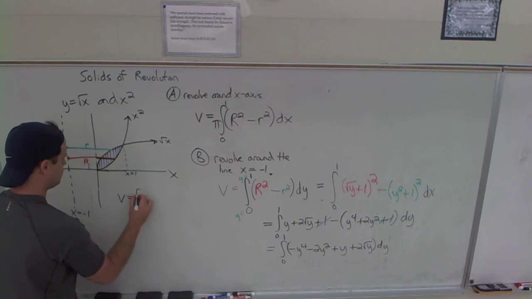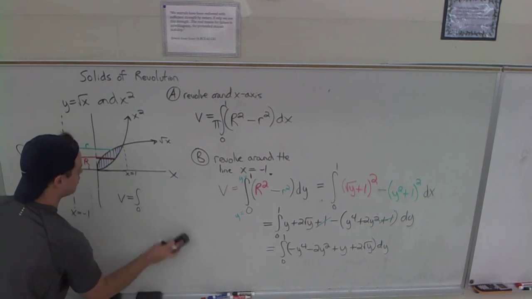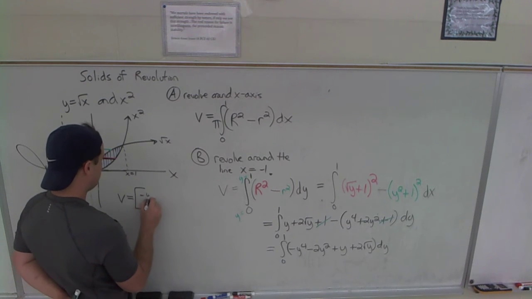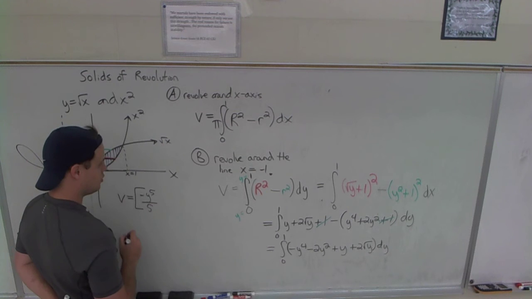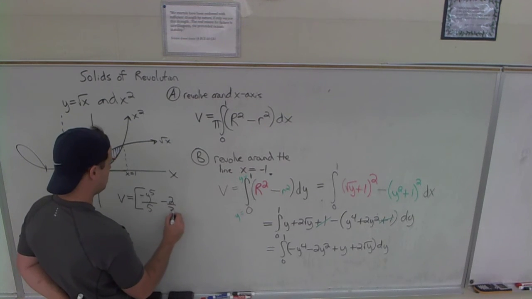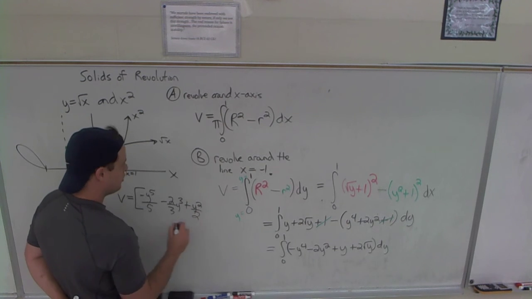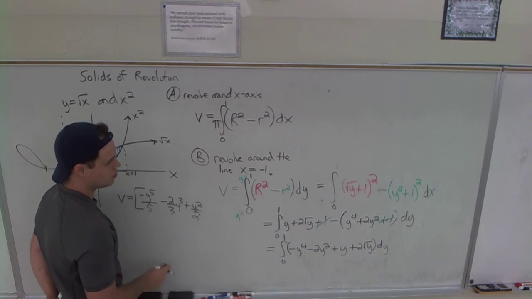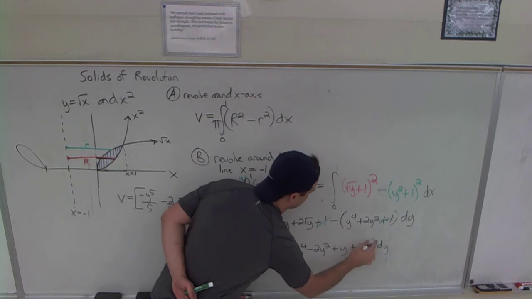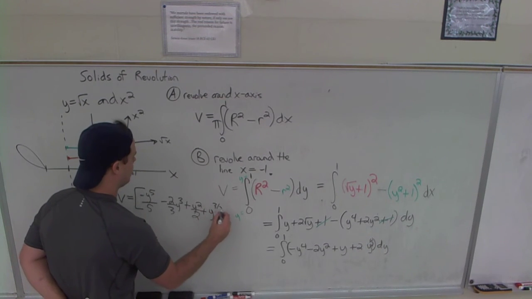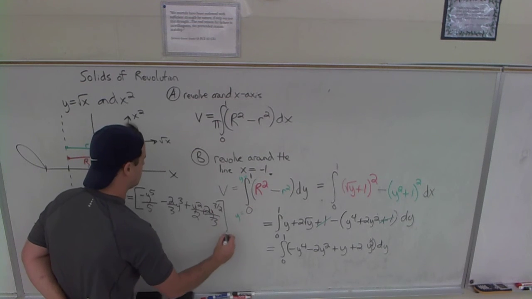So the volume is equal to the integral. Now let's just start integrating. So integrating negative y to the 4th, we've done that one a whole bunch of times in this video. We've also done this one a bunch of times. Y is y squared over 2, the antiderivative. And if you remember this, you're supposed to go 1/2, so I go y to the 3/2, 2/3.